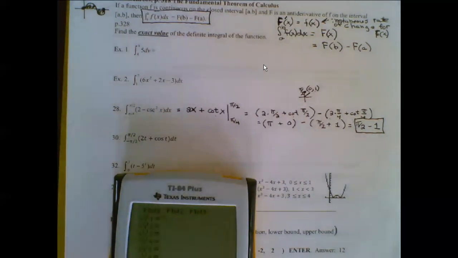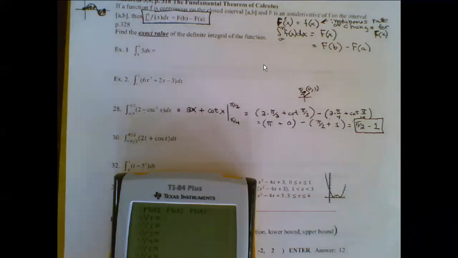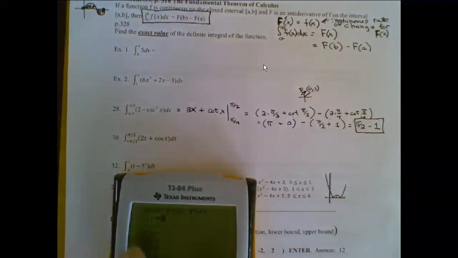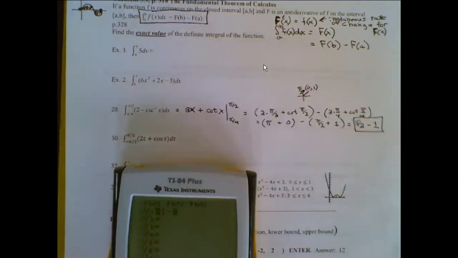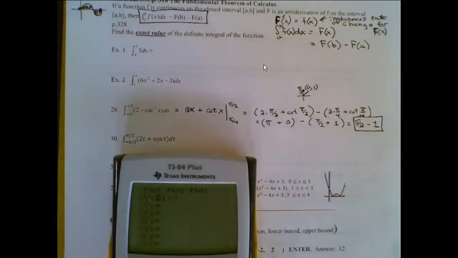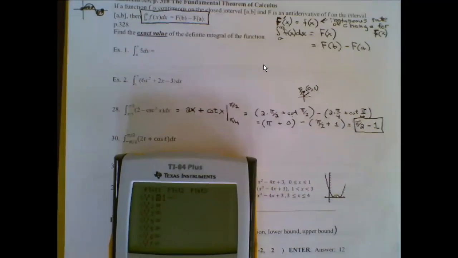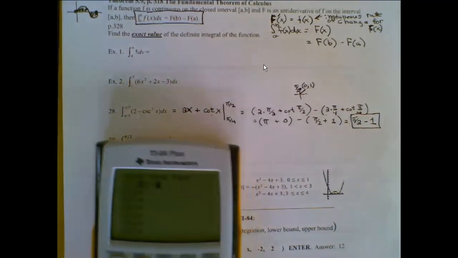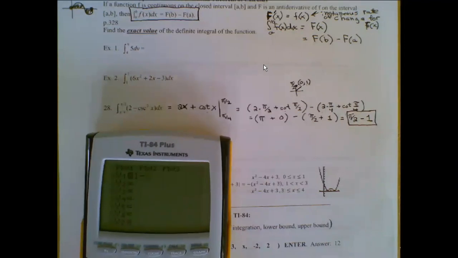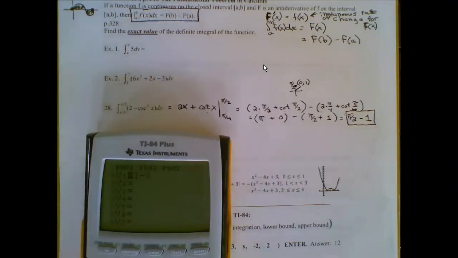If I just enter the function 2 minus cosecant squared as a function that I'm going to graph, 2 minus, how do I enter cosecant squared? I don't have a cosecant button. We've been doing calculus so long, we've forgotten the trick. 1 over sine squared.